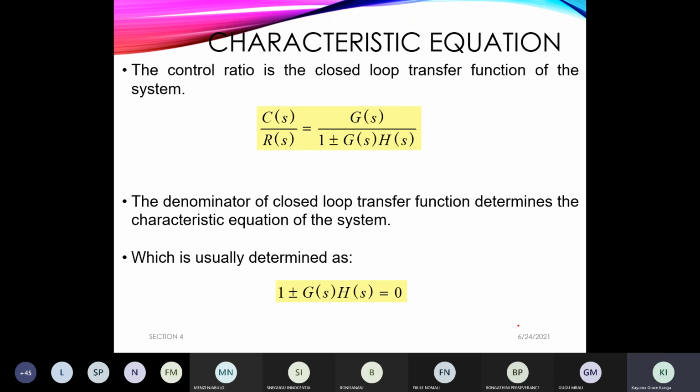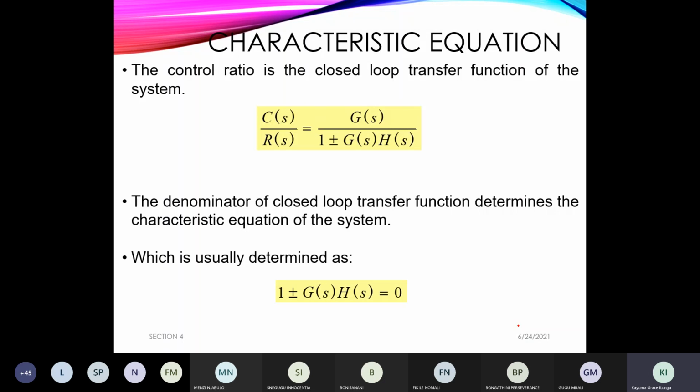So now we want to see certain parameters that define the feedback system, because it's quite important. The first thing that we're going to see is what we call the characteristic equation.